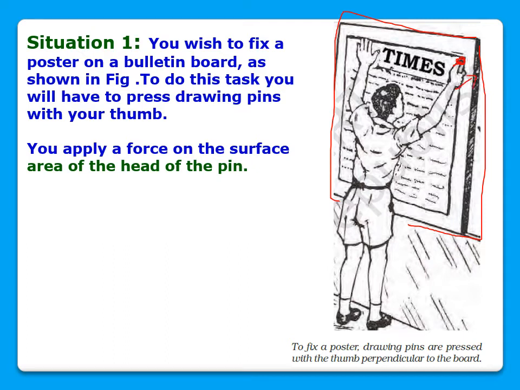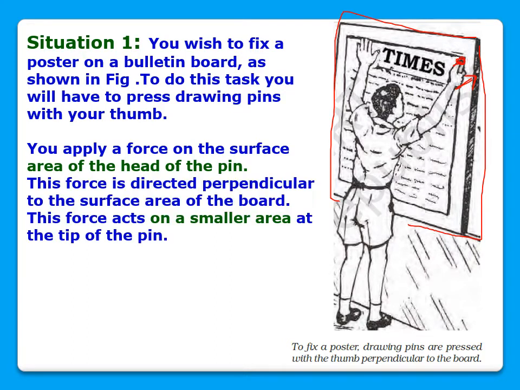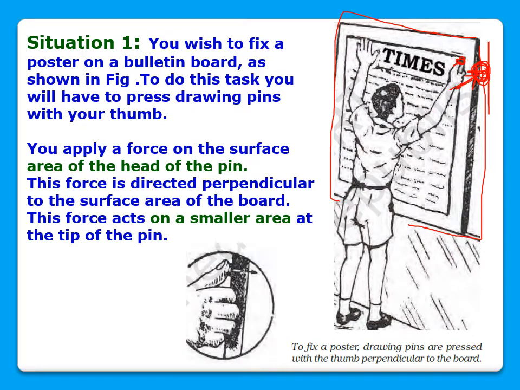On this small area we are applying a force, and this force is directed perpendicular to the surface of the board. See, that is the board and that is the direction of the force applied. And the whole force is applied on this small area of the drawing pin. Okay, on the tip of the pin we are applying a force. It is more clear in this picture.